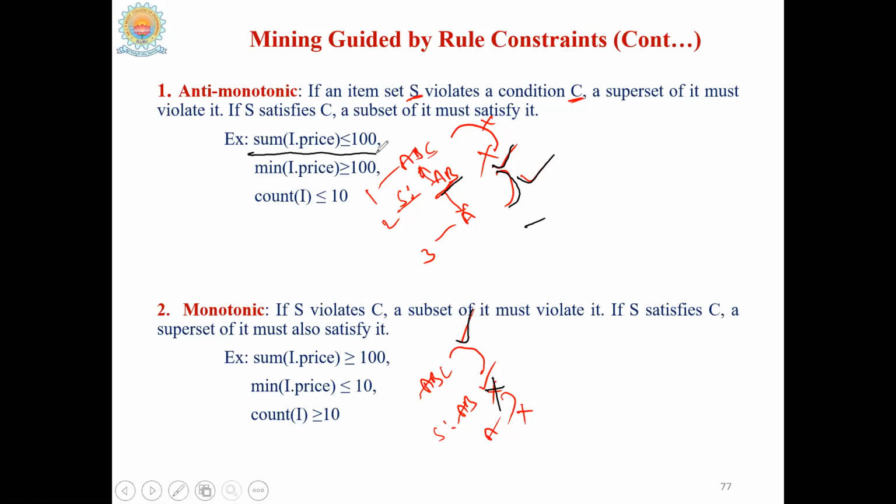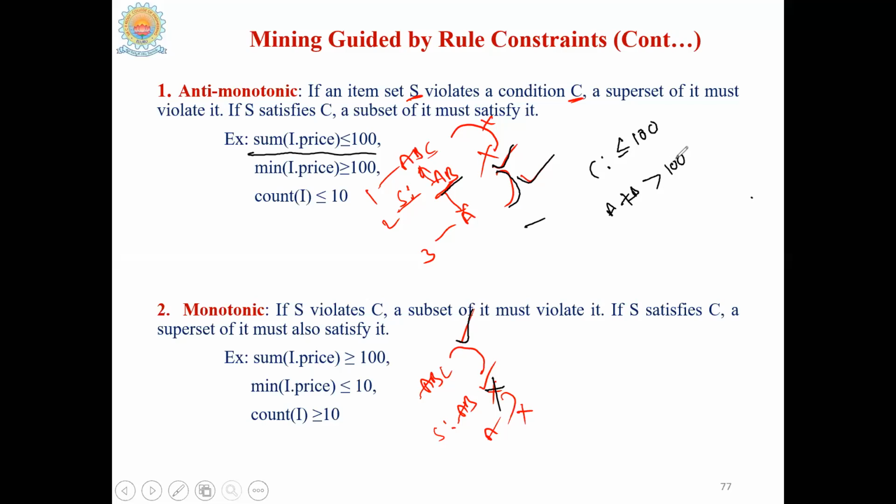Coming to the anti-monotonic property, for example, here our item set S, which includes A and B, does not satisfy the condition, in the sense that the sum of the prices of A and B is greater than 100.